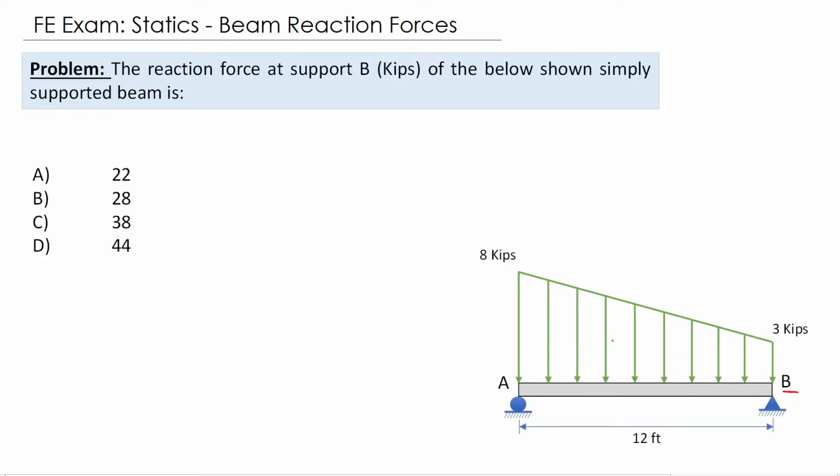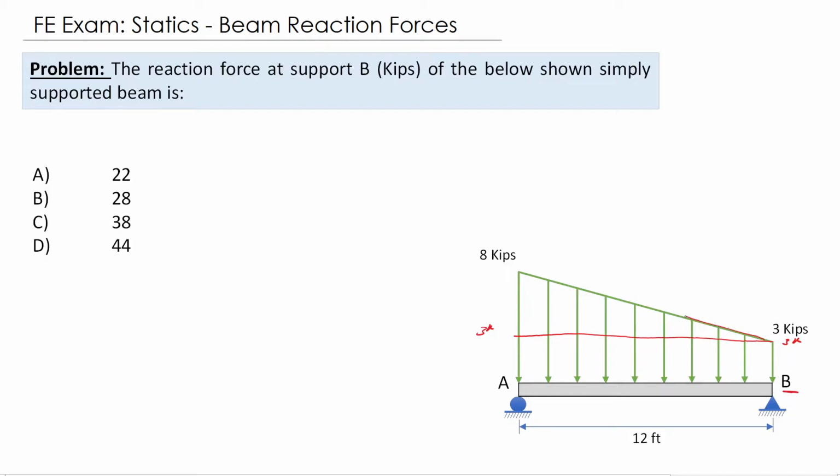Okay, so we have a trapezoidal load, and in case we have a trapezoidal load, we will split the load into two loads. The first load will be a rectangle load. So this is 3 kip on both sides, and a triangular load.